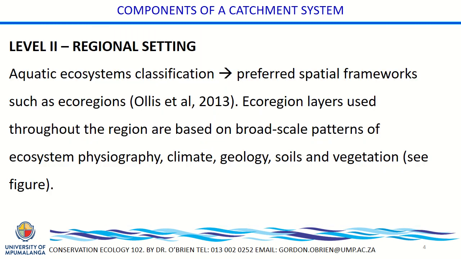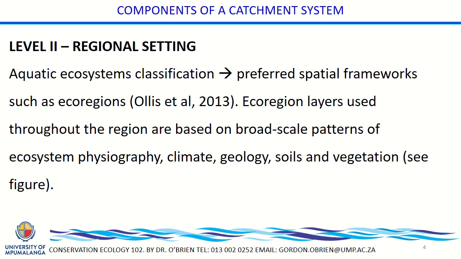So in terms of these regional settings, this is the second level for aquatic ecosystems. We prefer spatial frameworks for the identification of these regional scale ecoregions. Some of these ecoregions have been established within South Africa to help us determine the ecoregion that you're working within, all the water management areas, for example.